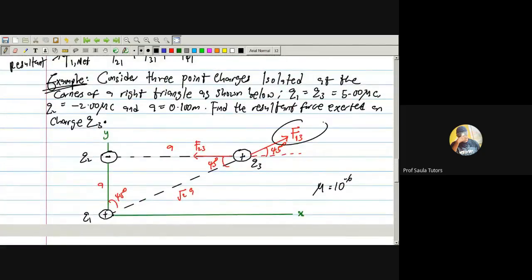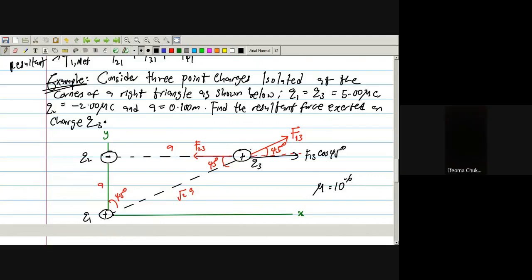If I resolve this force to horizontal, it will be F13 cos 45 degrees. And if I resolve it to vertical, it will be F13 sine 45 degrees. Observe, they are both positive. They are both going to the positive x-axis and the positive y-axis.